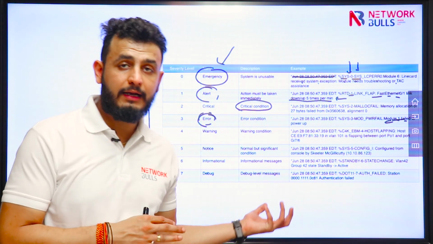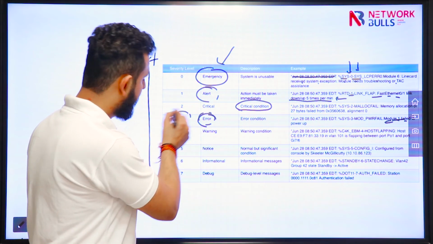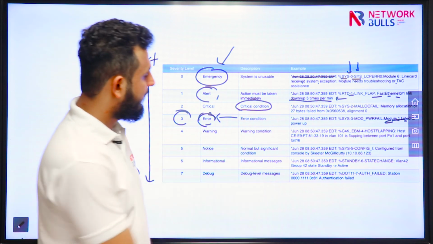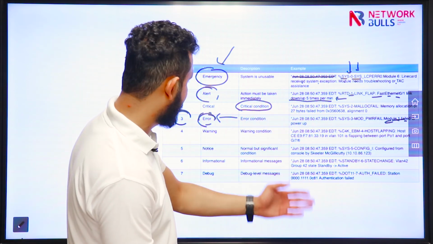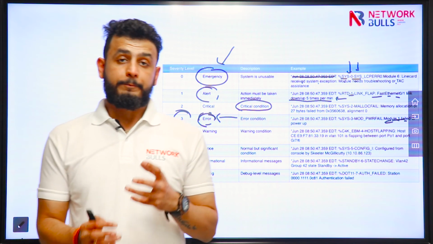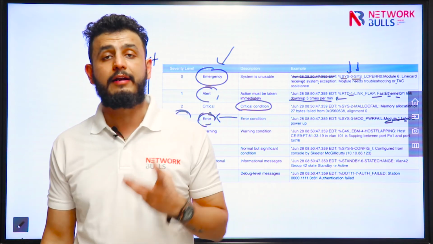Because that module failed, the device is generating a log with severity level 3, and severity level 3 is called error. Like this we have severity level 4, and severity levels 5, 6, 7. So we have different severities, different modules, and different logs the device will be generating.